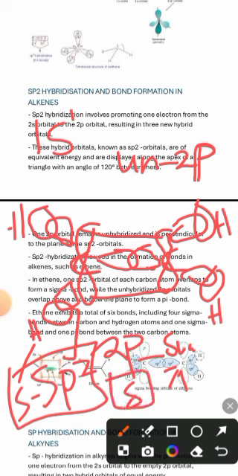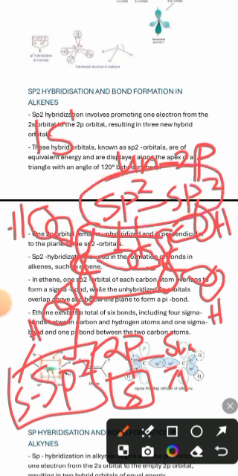The overlapping of the carbon sp2 orbital with the hydrogen s orbital will give us a sigma bond. And the overlapping of sp2 with sp2 between the carbon atoms will give us also a single sigma bond.